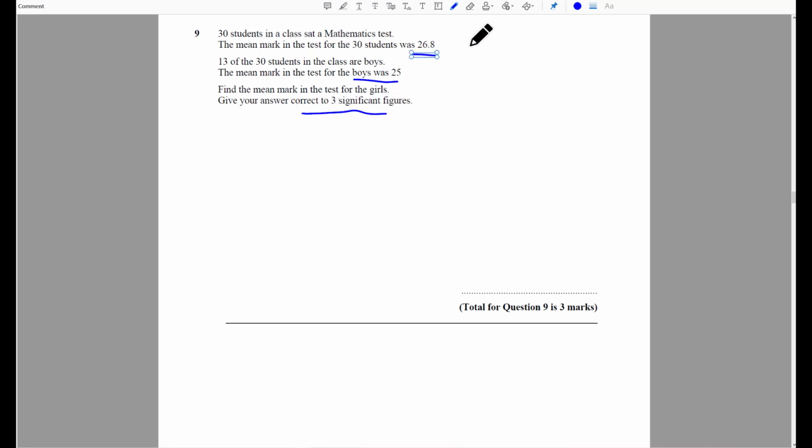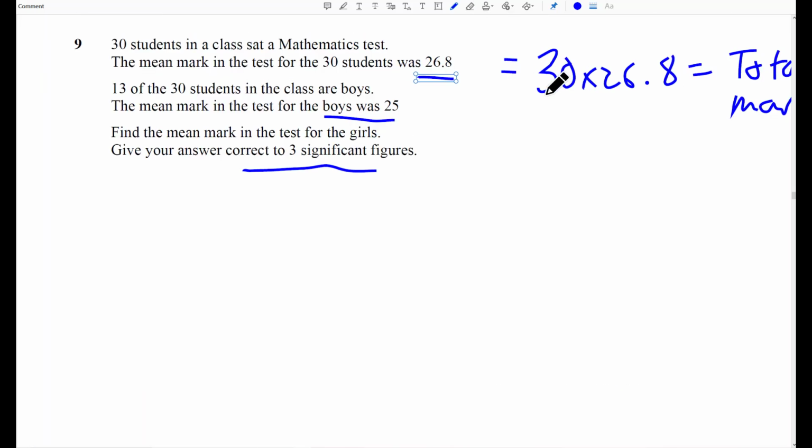Well, we can find the total marks by doing 30 times 26.8. 30 times 26.8 equals the total marks. Let's zoom back in.